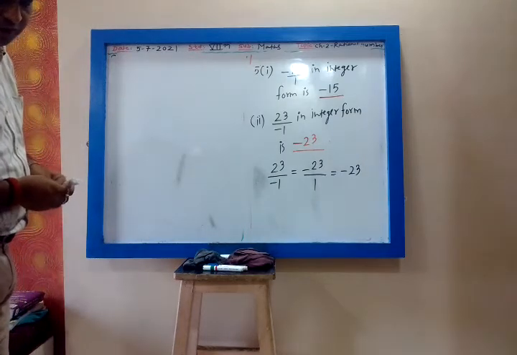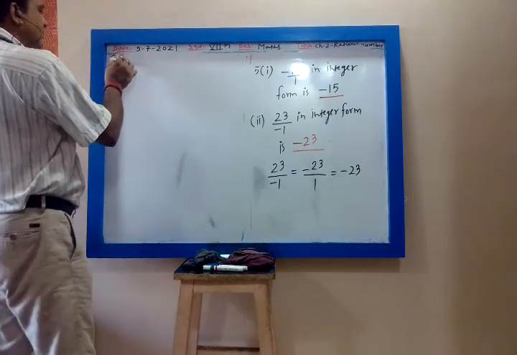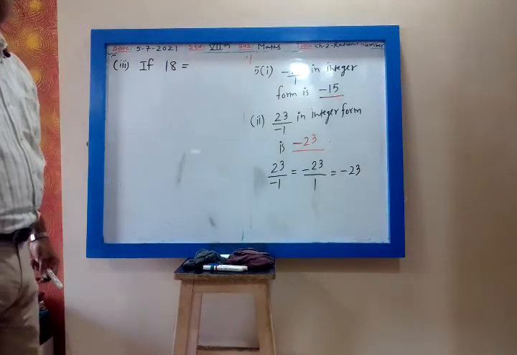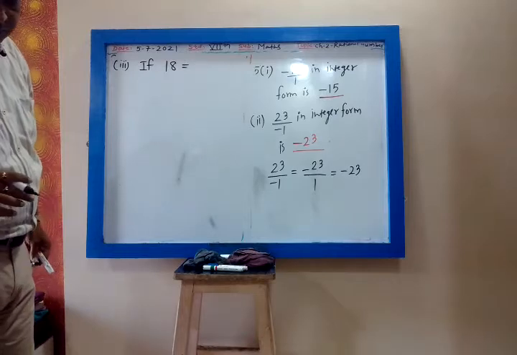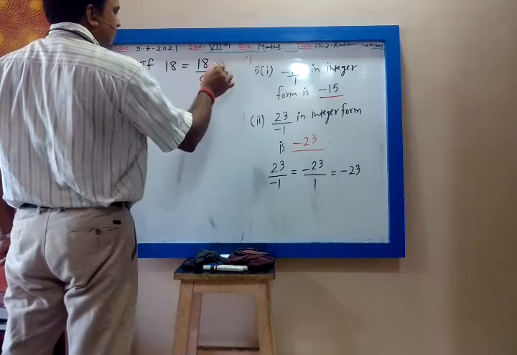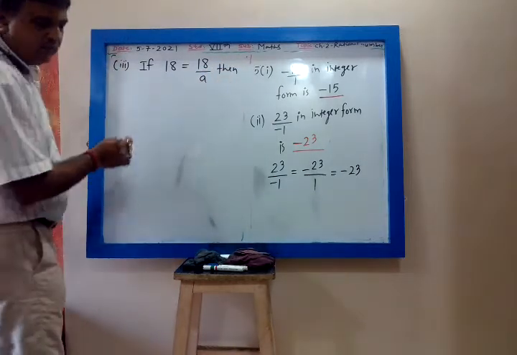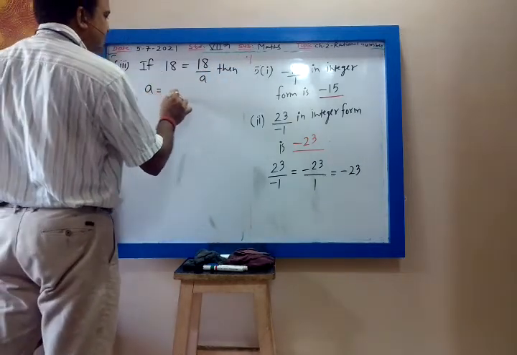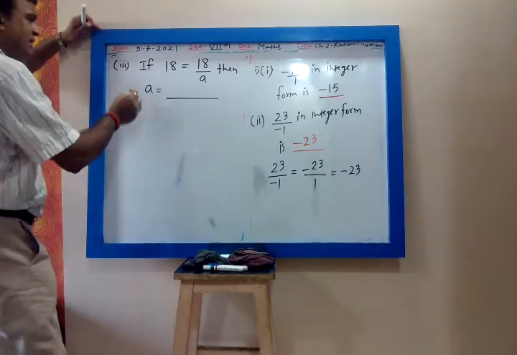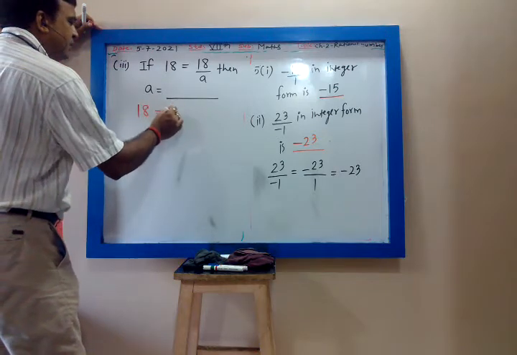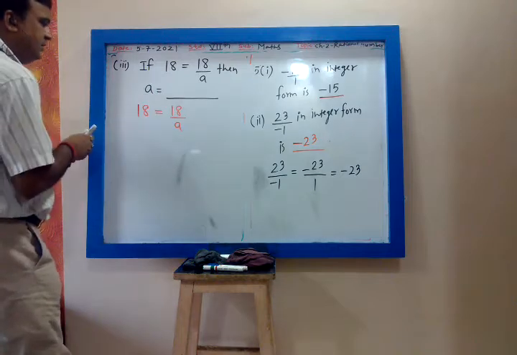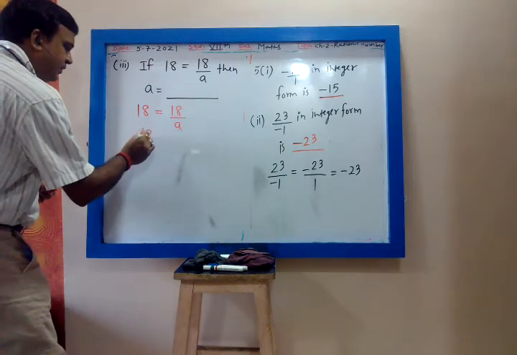Third: if 18 is equal to 18 upon a, then the value of a is equal to what? Let us see. 18 I can write as 18 upon 1.